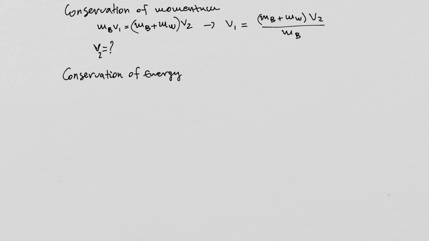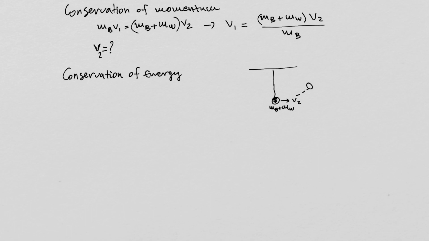For all intents and purposes, the block bullet system simply behaves like a pendulum, like what we've discussed in the previous lecture. So the pendulum has mass m bullet plus m wooden block, initial velocity v2.